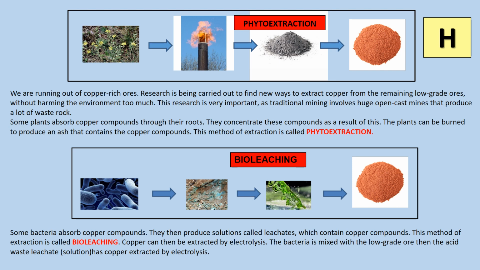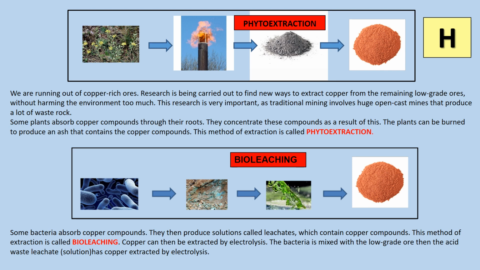So phytoextraction. Plants absorb copper compounds through their roots. They concentrate these compounds. As a result of this, the plants can be burned to produce ash, and then that ash can be reacted with acid to make a solution from which the copper can be extracted. That's phytoextraction.